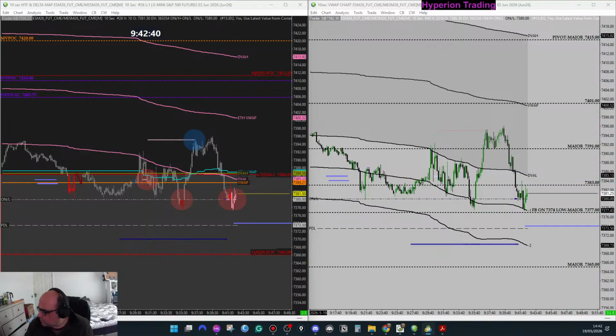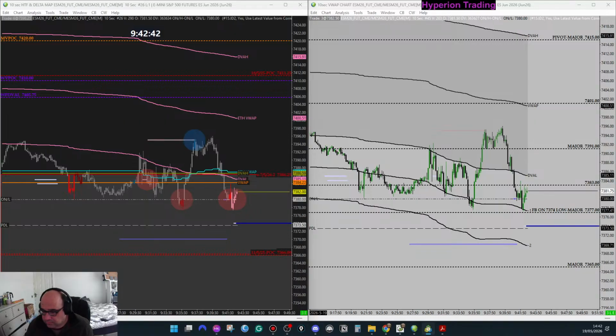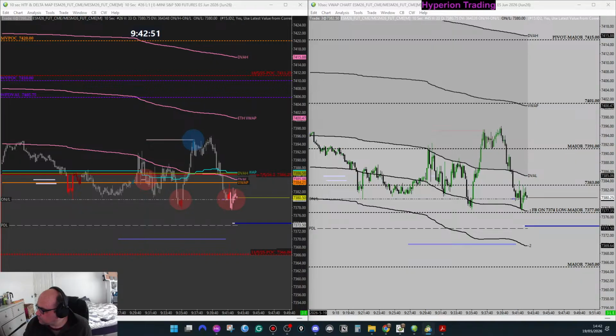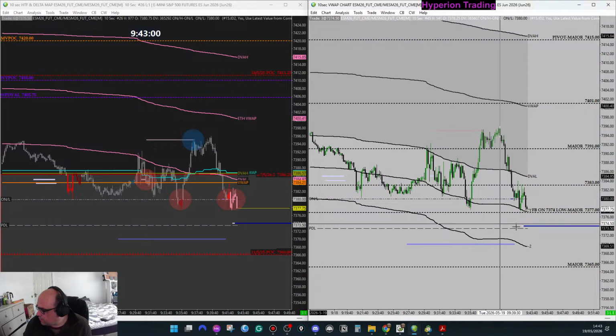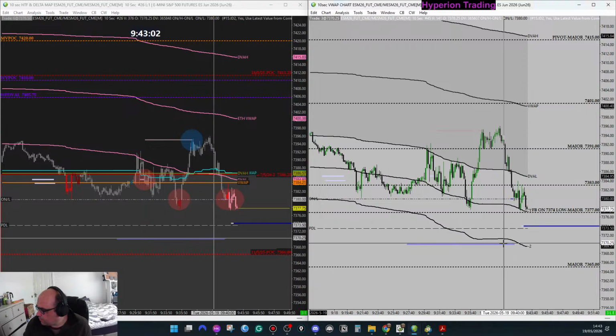We see sellers getting absorbed. So sellers are now trying to get this liquidity here. That's their target now.